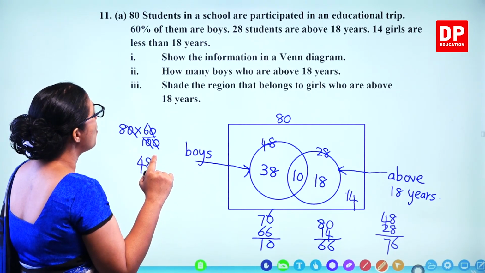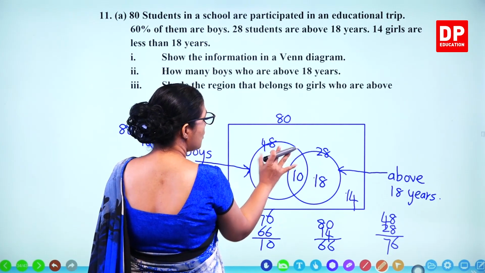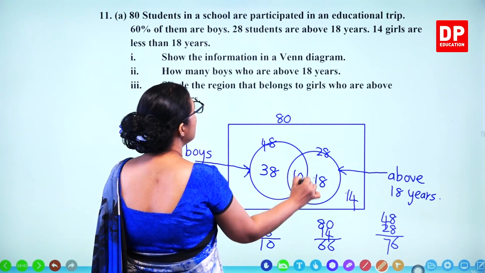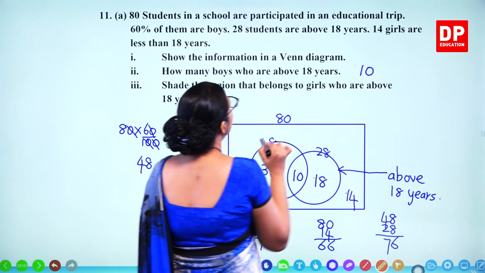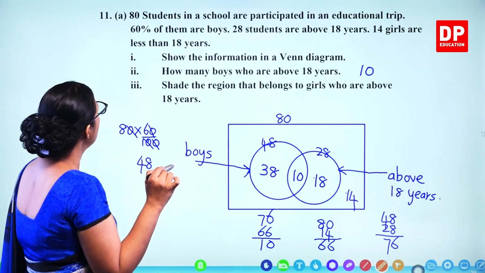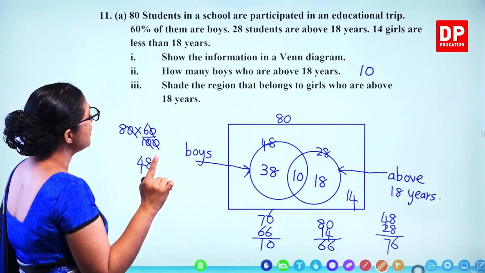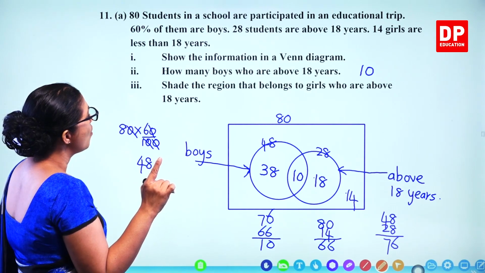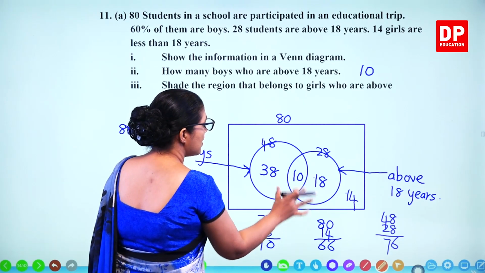How many boys who are above 18 years? Boys who are above 18, this part, that's 10. Then the next one, shade the region that belongs to girls who are above 18 years. Girls, but not boys.